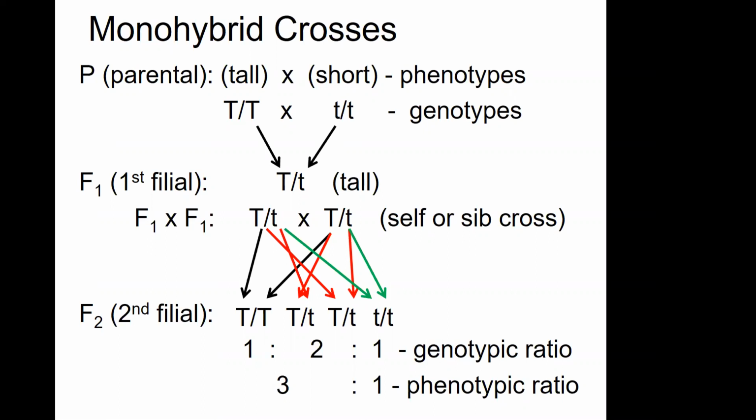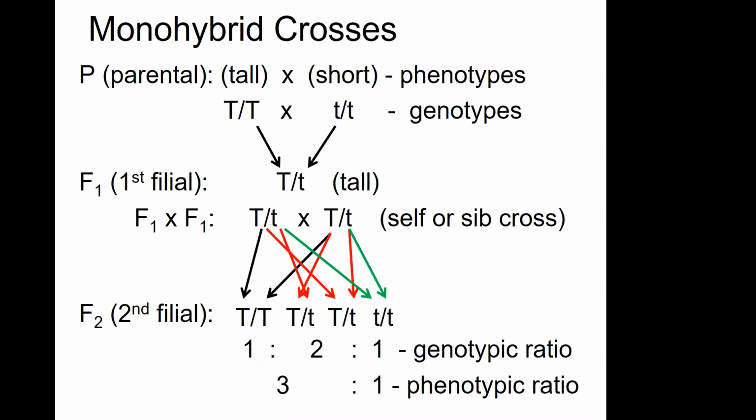Now, when you look at the phenotype, this is where it becomes more complicated. What Mendel observed were traits where the heterozygote produced an identical phenotype to the homozygous dominant. We call this mode of inheritance complete dominance.